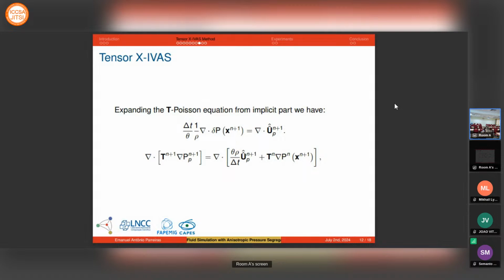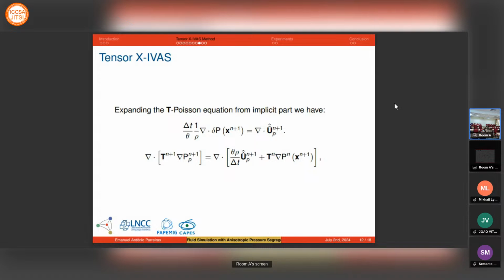We already talked about the viscosity, but now we are talking about the pressure step. The implicit form we already put in the slide, where the Laplacian of delta p is equal to the divergence of u double hat.